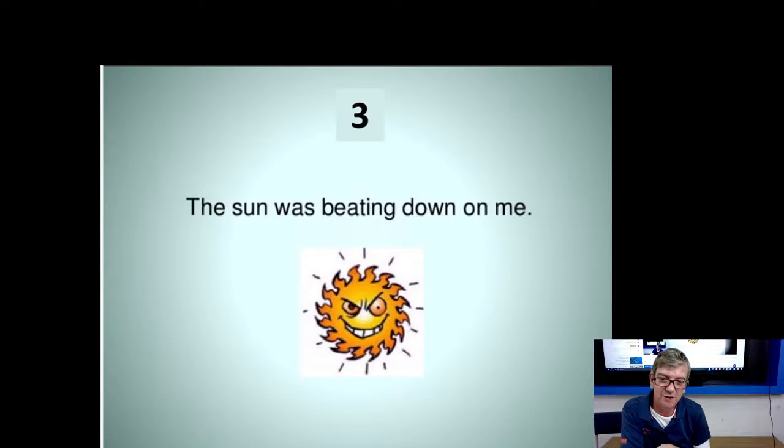So beating, I guess, you need to know what beating means. Beating could be like pounding, something like this. When you beat somebody down, it's usually doing this action to somebody else. So the sun is like beating down on your head, making you tired and lose power. So what is this one? If idiom is not correct, what is this?